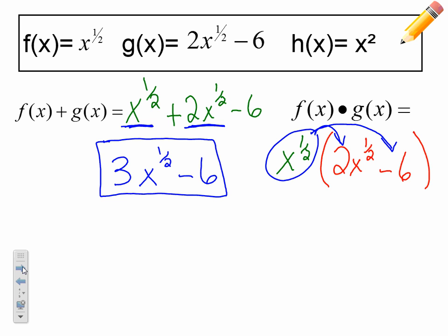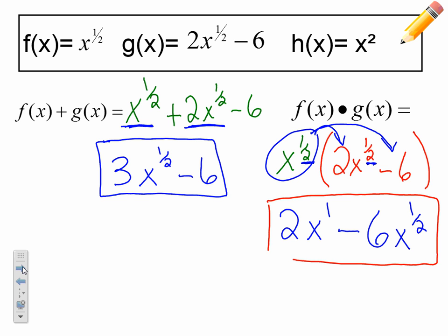So remember, you guys, numbers first. So 1 times 2, I'm going to get 2. But x to the 1/2 times x to the 1/2, I'm going to get x to the first power because I add 1/2 and 1/2. Minus, well, 6 times x to the 1/2 is just 6x to the 1/2. And right there, ladies and gentlemen, we are done. We can leave our answer just like this.